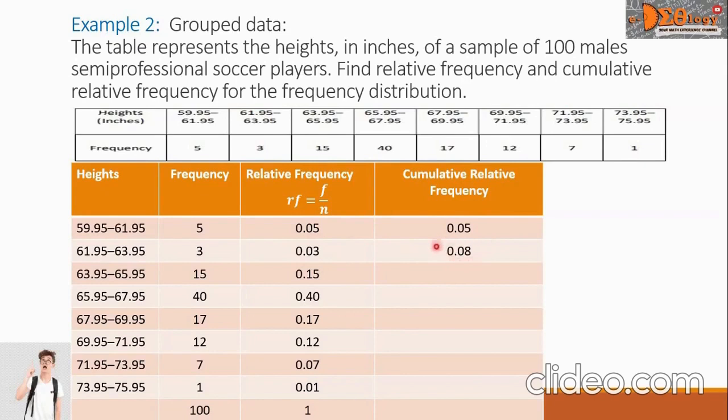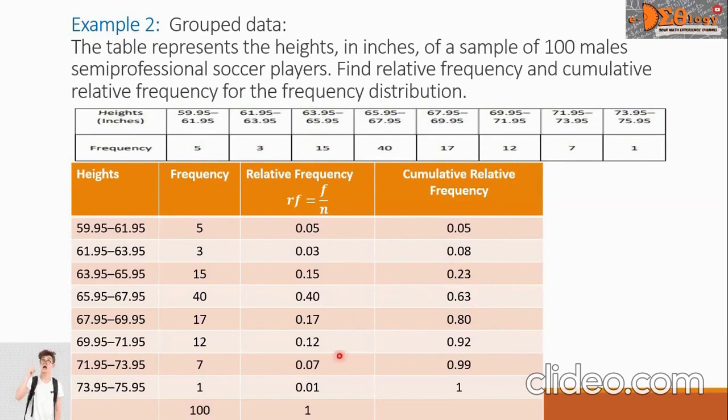And that pattern we will follow. 0.08 is added to 0.15, and that is 0.23. The 0.23 plus 0.40 will get 0.63. 0.63 plus 0.17, we will have this 0.80.